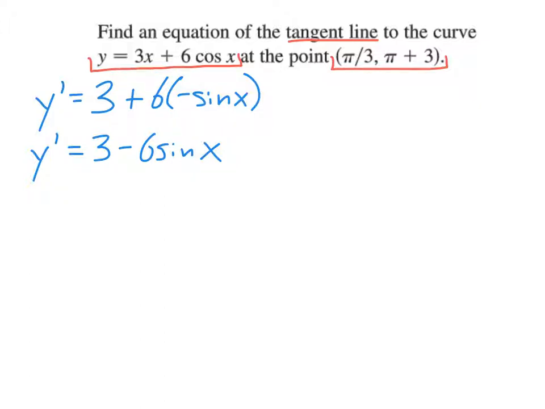Now when I do that, that is going to give me the slope of my tangent line. So I'm going to change the name from y prime to m, just so I can keep track of the fact that I just made that change. So it's going to be 3 minus 6 times sine of pi over 3. And suddenly we find ourselves having to remember our unit circle.